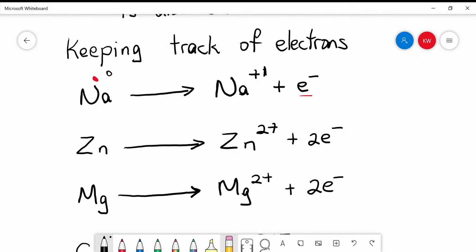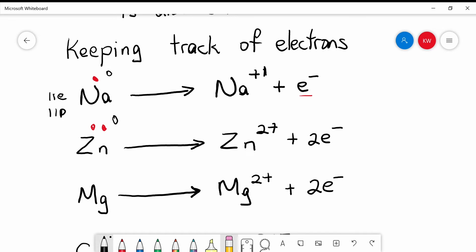So let's look at the second example. Here we have zinc. Zinc has a valency of 2 electrons and an oxidation number of 0. Remember, it has an oxidation number of 0 because, if we look at this sodium, it originally had 11 electrons and 11 protons.